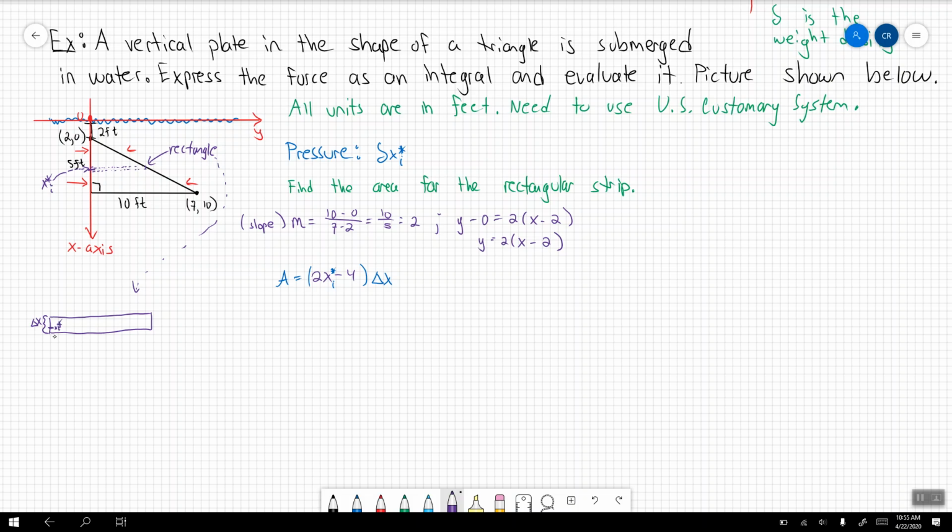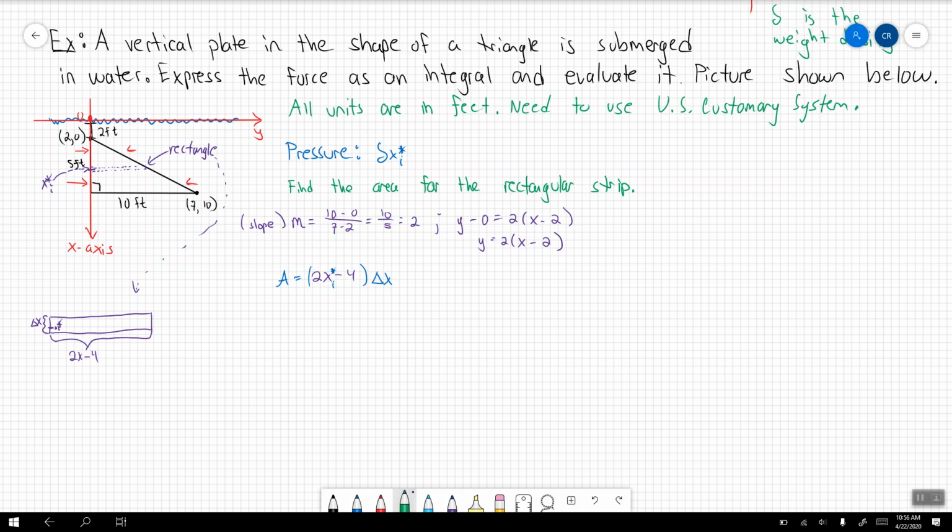The length of this object is the one that we just found, this 2x minus 4. So naturally, when we want to find the area, it's just delta x multiplied by 2x minus 4, specifically denoted that it's for the sample point. Awesome, now we're on the right track.